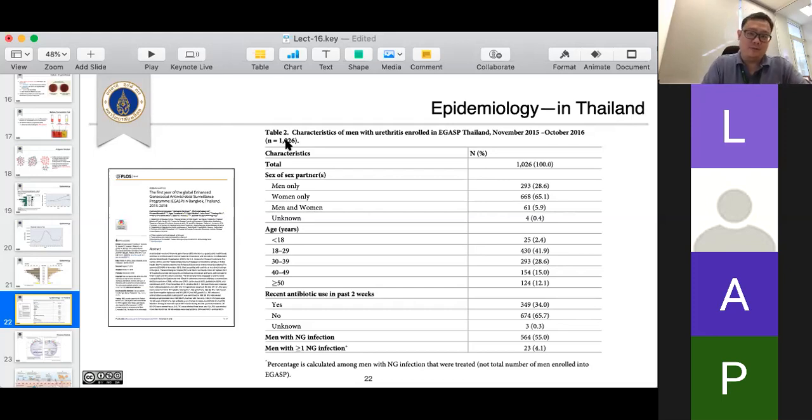They are all male, but males who have sex with males and who have sex with females. So the number is quite a lot, right? Heterosexuals get gonorrhea quite a lot. The age is around 18 to 29, the same pattern as the US. And quite a lot never used antibiotics for 2 weeks. They don't go to see a doctor.